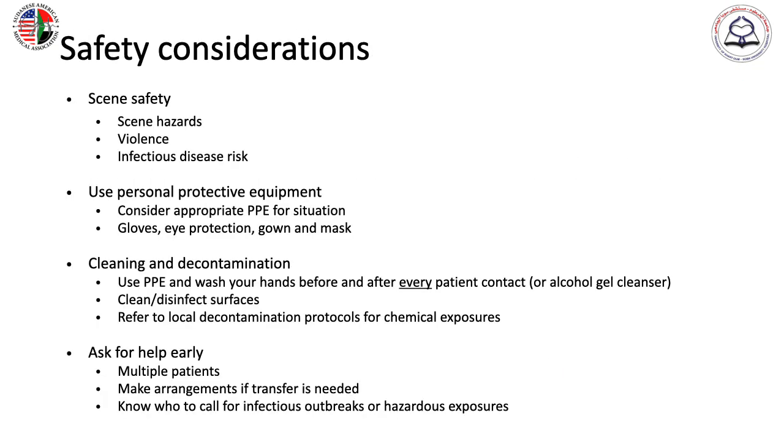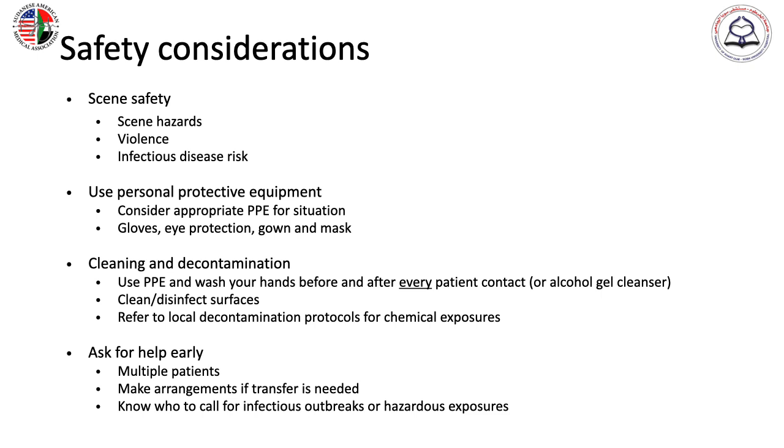So for safety precautions, make sure that there is no hazard in the scene, no violence, and no infectious disease that risks you and risks others. And use personal protective equipment appropriately. Always, if there is contamination, try to clean and decontaminate and use the appropriate PPE, personal protective equipment.